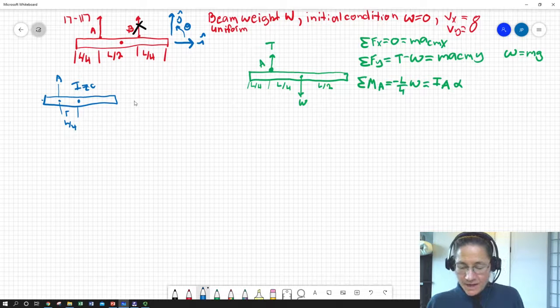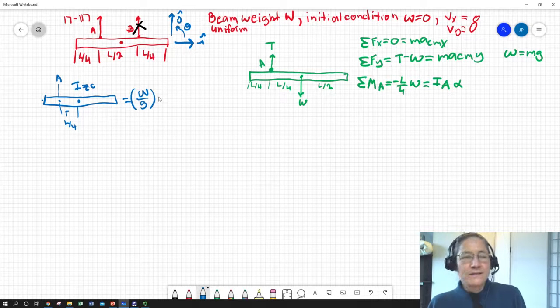As it turns out, doing it either way, we end up getting I_A, or I_Z, so it's polar, so we're talking about rotation out of the plane of the screen. Applying the parallel axis theorem, we end up with this expression for I_ZA: mass times L squared times 7/48.